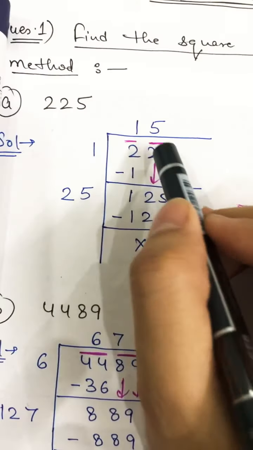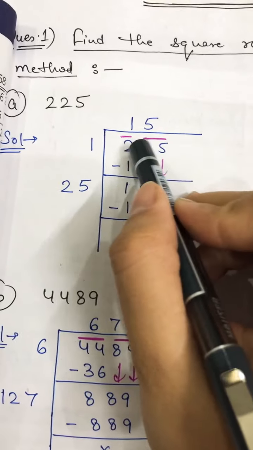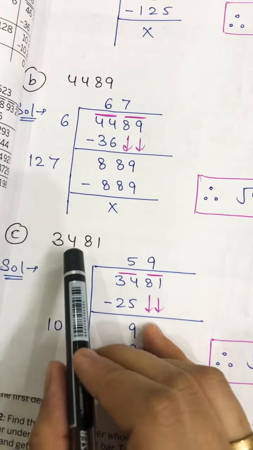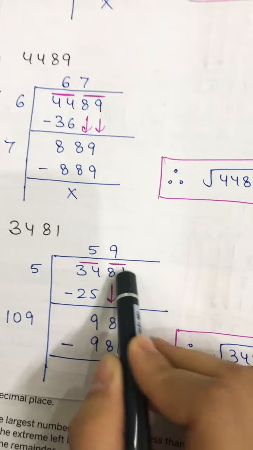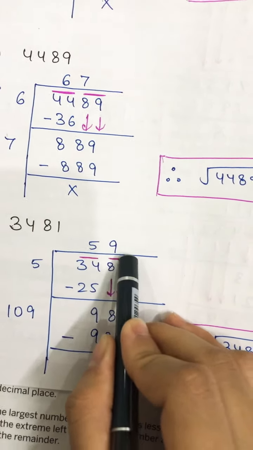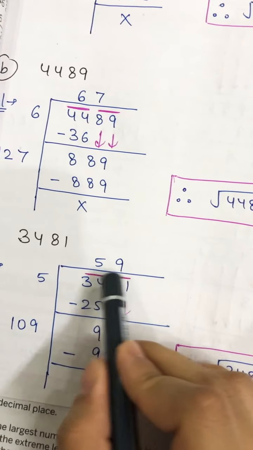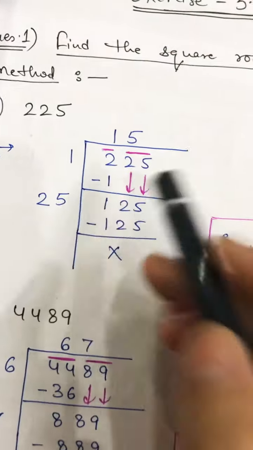Here you will not make a pairing from 2 2; no, you have to make pairing from the last digit, 25, and then whatever pairs there are. Suppose this is your c part, 3481. From the last digit, I'll make pairs: this 81 is one pair, 34 is the next pair, and you place a bar. Clear?